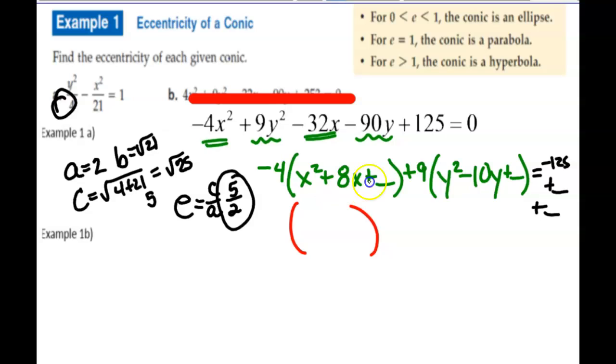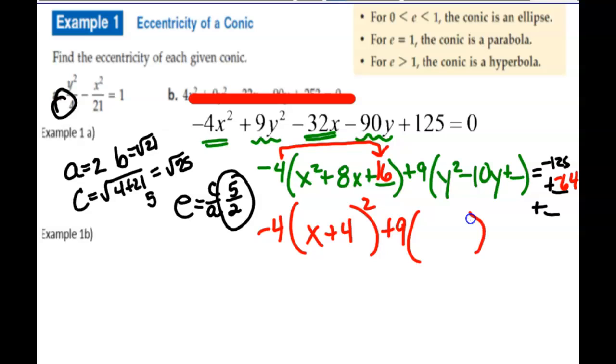So just worrying about what's in parentheses for a minute, that would become x, half of +8 is +4, squared is 16. There's still a -4 up front, but what do I put on the other side? Okay, everybody good? +9.